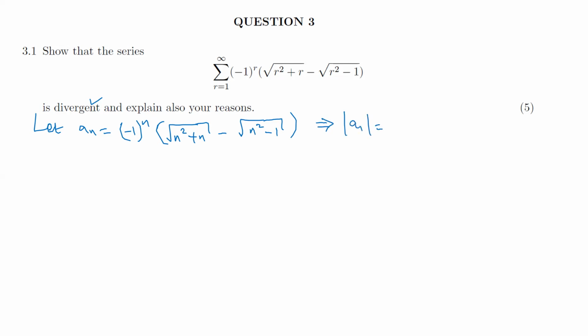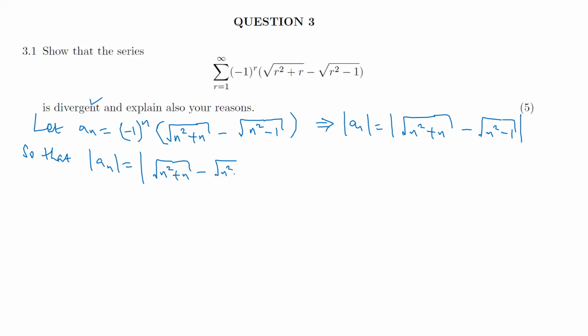Now the modulus of a_n, we can rationalize this: multiply by the square root of n squared plus n plus the square root of n squared minus 1, over the same.